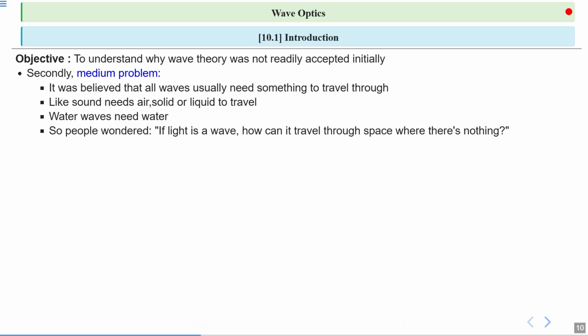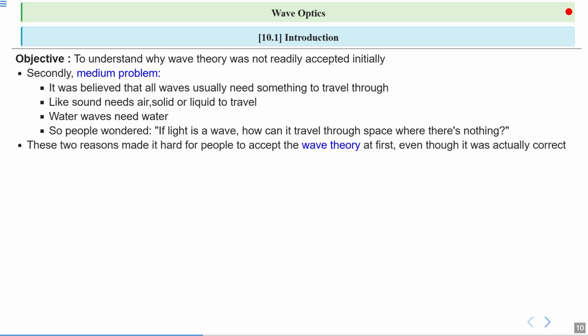So people wondered, if light is a wave, how can it travel through space where there is nothing? These are the two reasons that made it hard for people to accept wave theory at first, even though it was actually correct. People thought that light required a medium, but light is coming from the Sun to the Earth. There is no material medium in between. So how is light traveling without any medium?